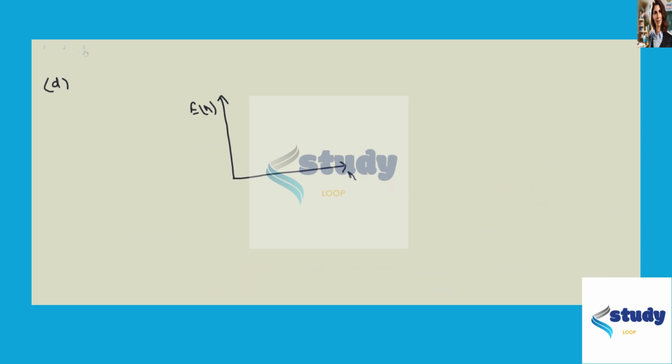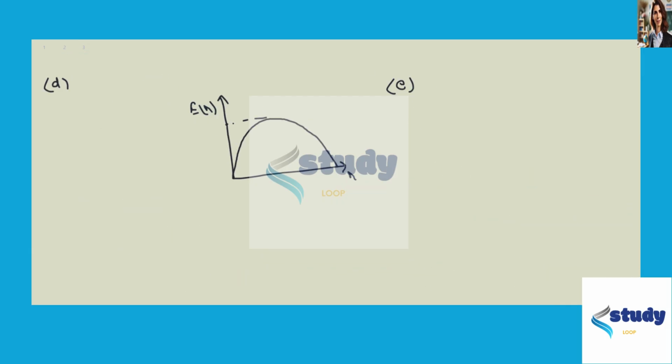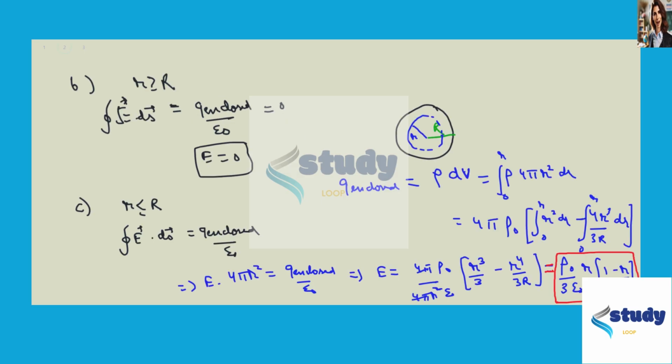You can use Excel to plot the graph, or some online tool or a program like Mathematica. The graph comes out to be like this one. The maximum is equal to some value, and we will find out the maximum in part E. So let's do part E parallelly. We need to find the maximum of this electric field.